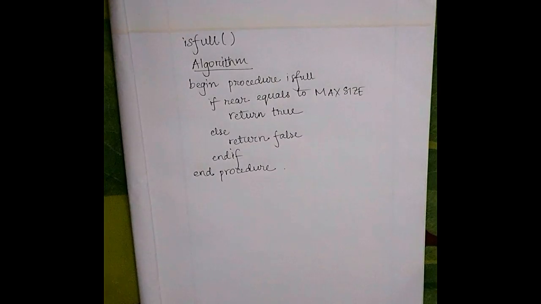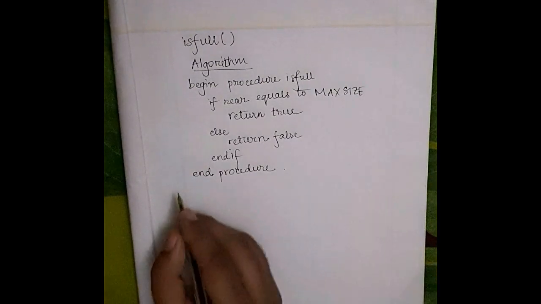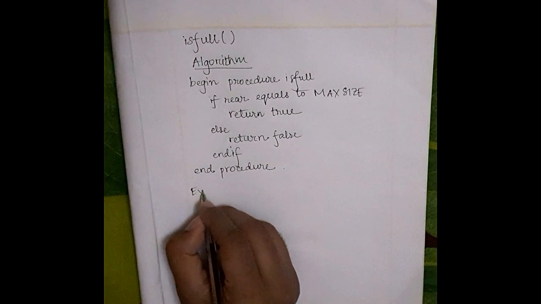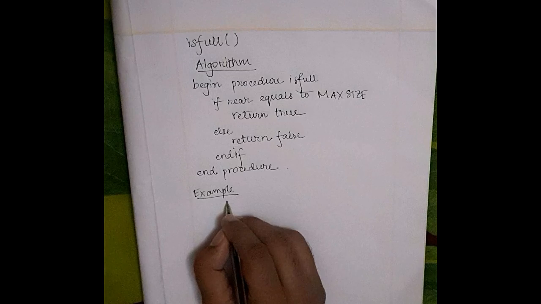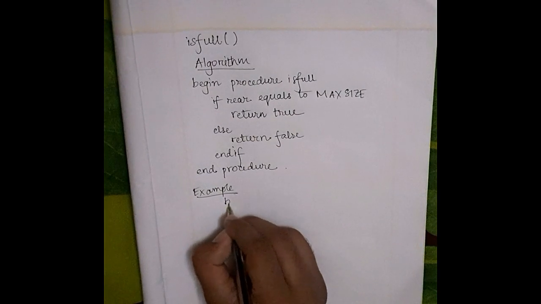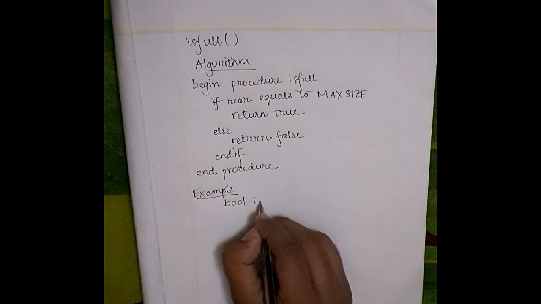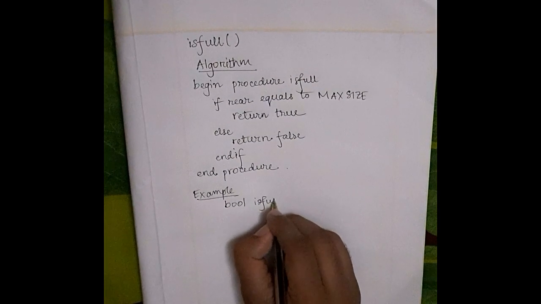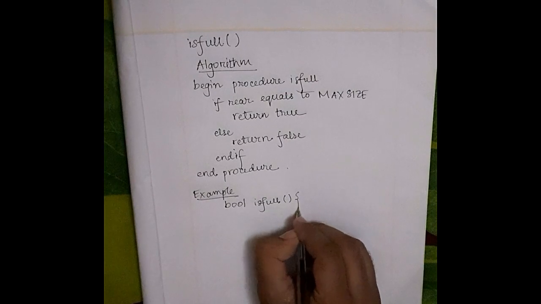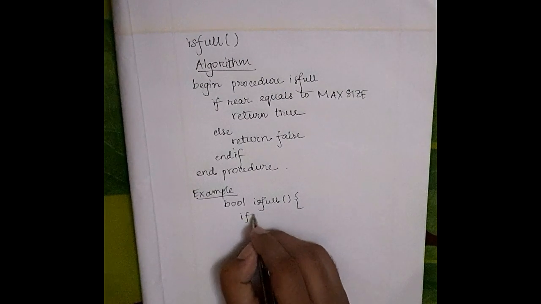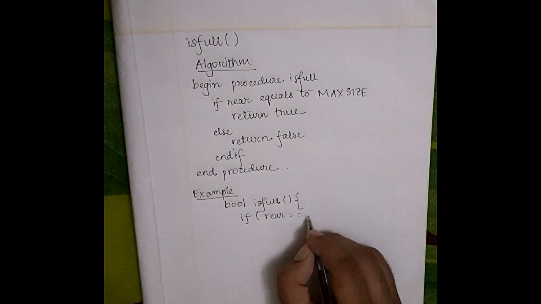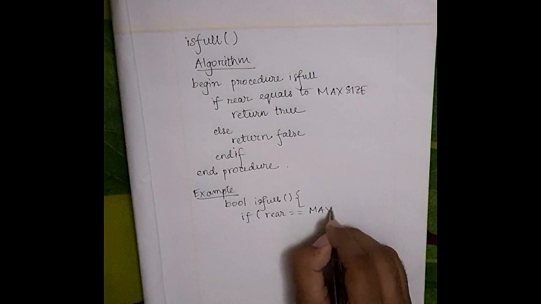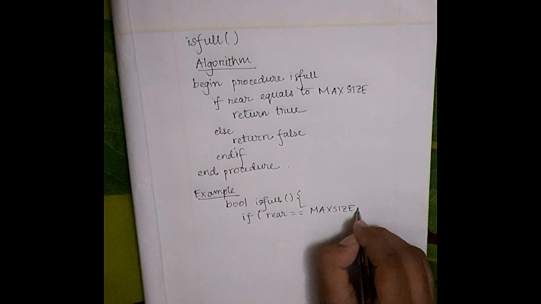Right? So the algorithm looks like this, and the implementation of this in C programming can be written as this. First we write a boolean function, then we write isFull followed by parentheses, and now we are checking if rear is equal to max size minus 1.